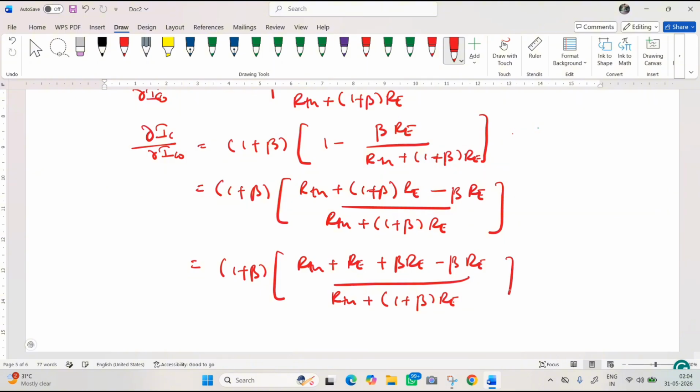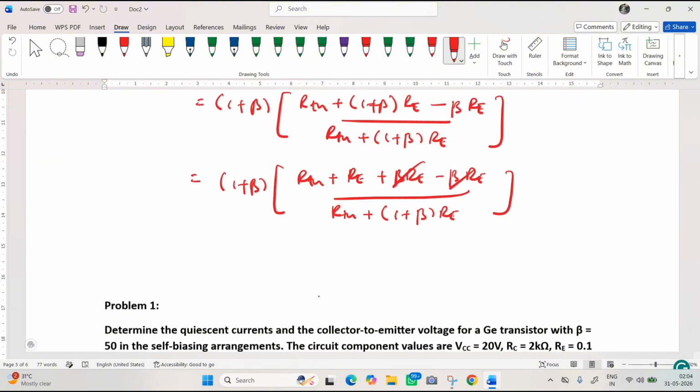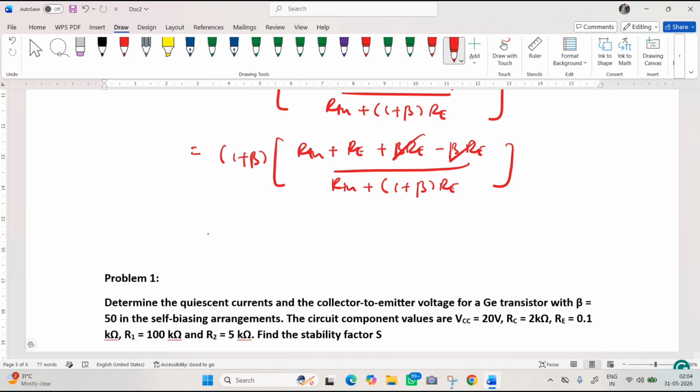Like this expression, these two terms will get cancelled. So finally, we will get the stability factor as (1 plus beta) times R Thevenin's plus RE divided by R Thevenin's plus (1 plus beta) times RE. This is the expression I got.